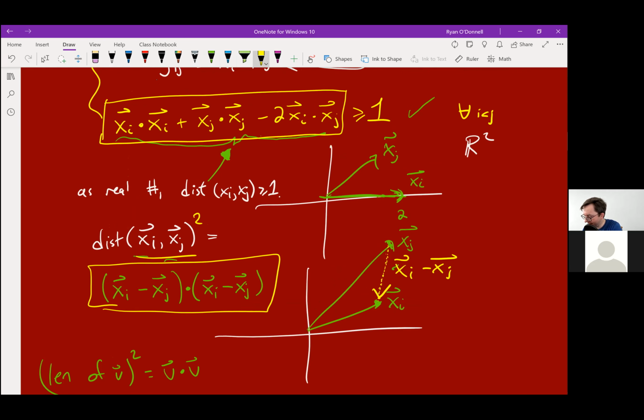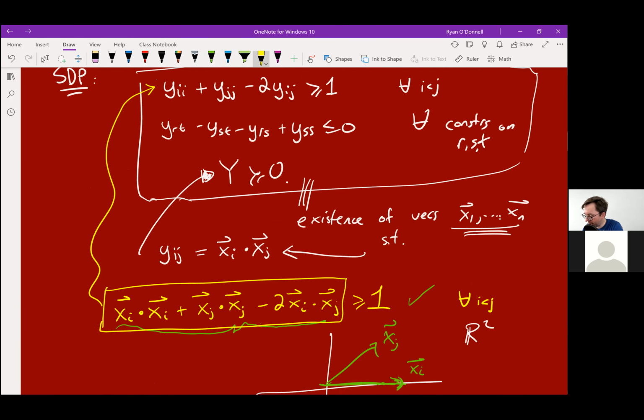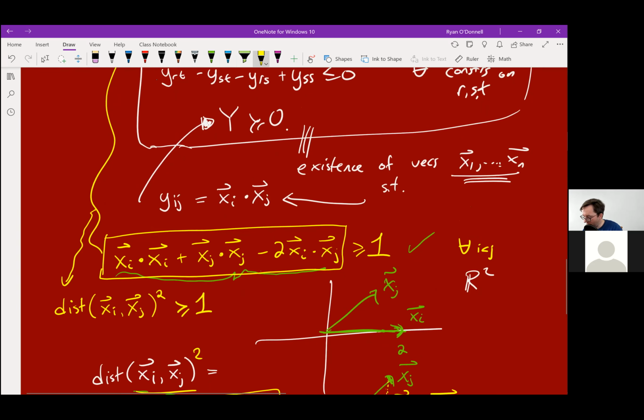It's the same thing. So this is also the same as the distance between the tip of the xi vector and the xj vector, squared. It's greater than or equal to 1. That's a little bit more enjoyable.